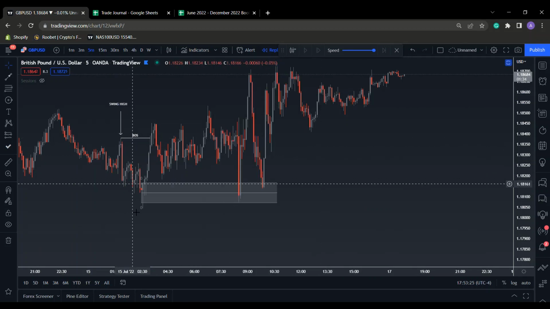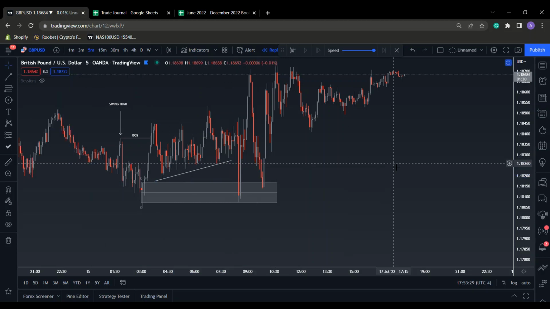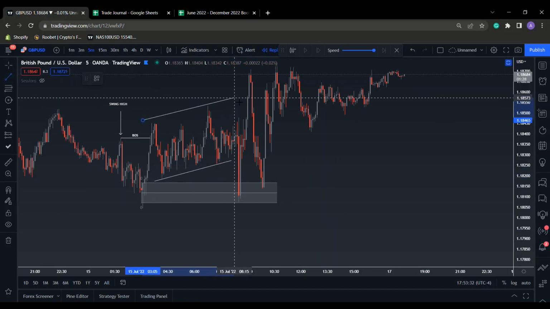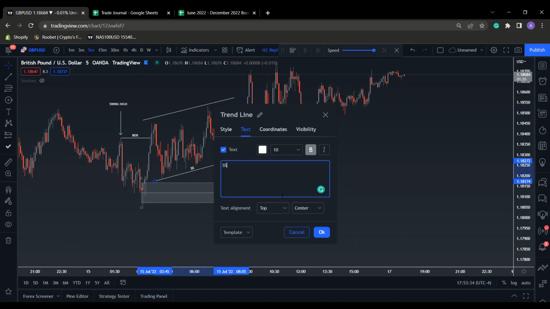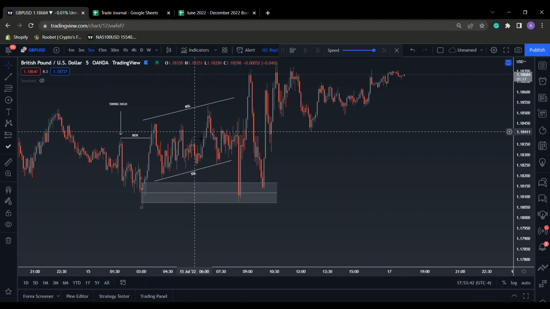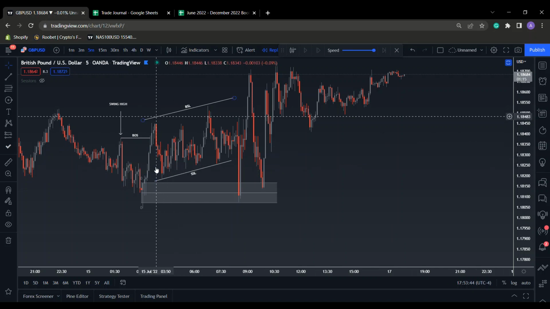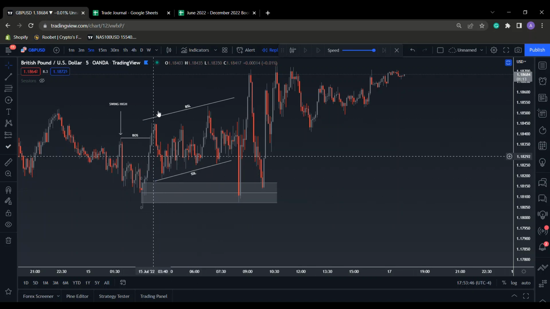And then we have all of this accumulation. We have the sell side liquidity at the bottom. We have the buy side liquidity at the top. People are buying and selling constantly in this little range, right?